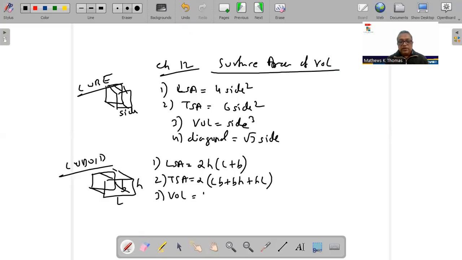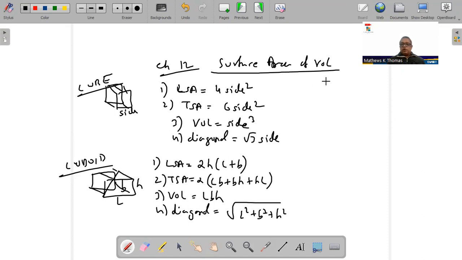Volume of a cuboid is LBH, and the diagonal of a cuboid is root of L square plus B square plus H square. Sometimes they ask to find the longest rod that can be placed in a cuboidal room. The longest rod is the diagonal, since there is nothing longer than a diagonal from one corner to the other.